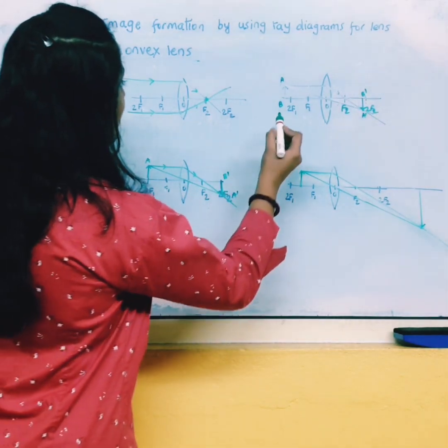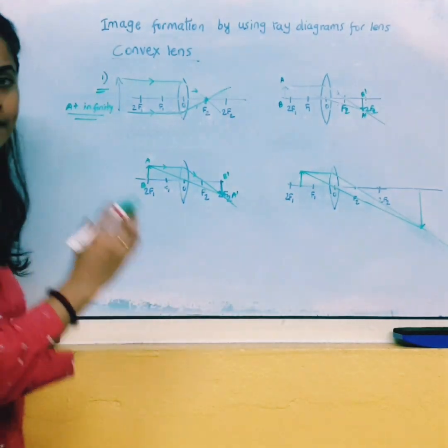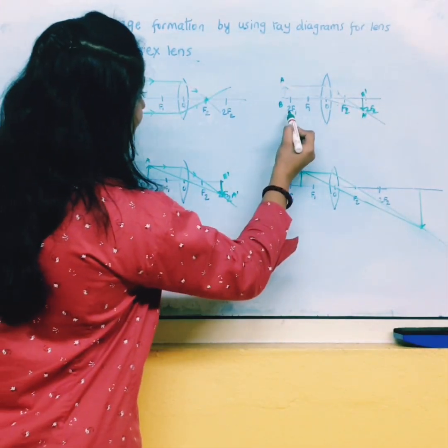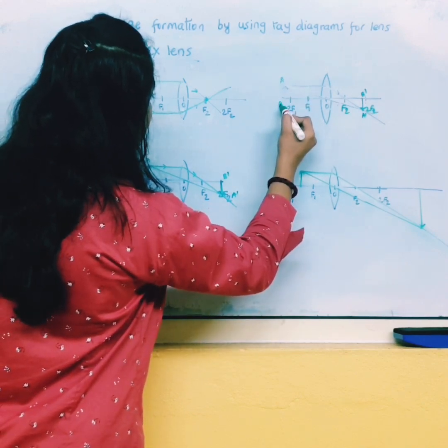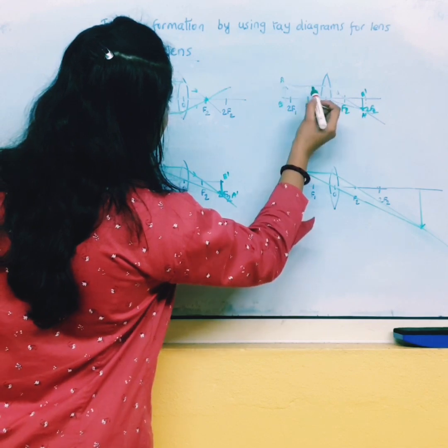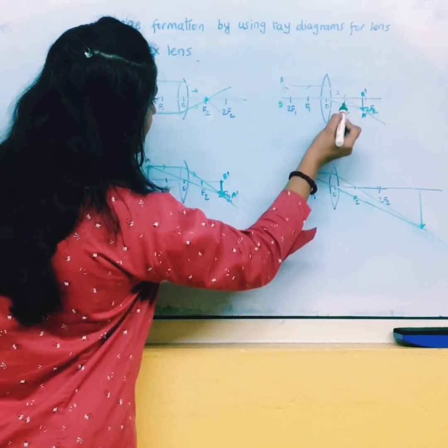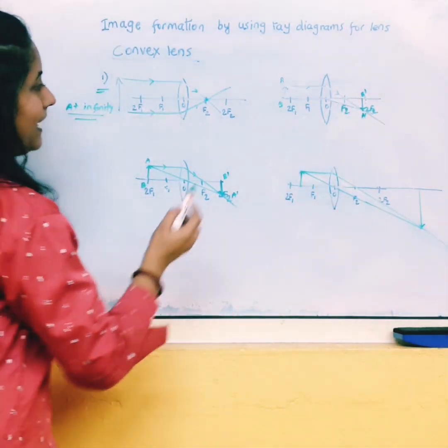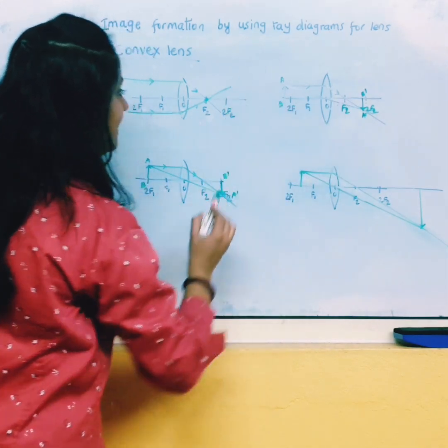Next is when the object is located beyond f1. It is the same as beyond C in case of a mirror. So beyond f1, you are marking the object here. The first ray comes parallel to the principal axis. After refraction, it passes through the principal focus here. The next ray we have taken is the one passing through the optical center.